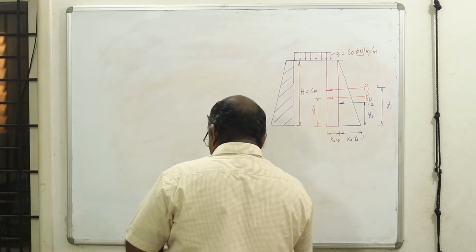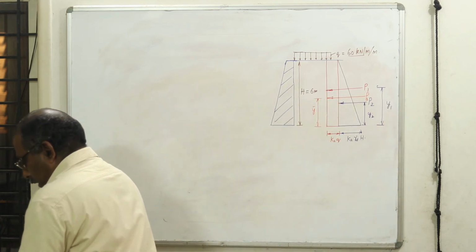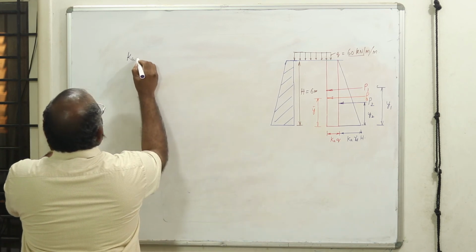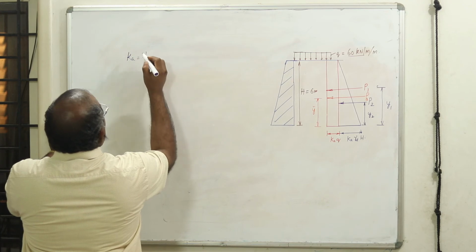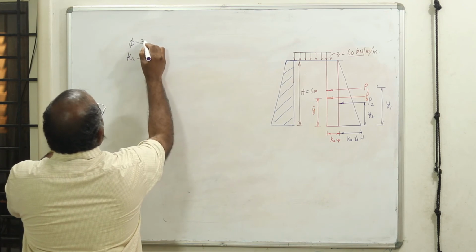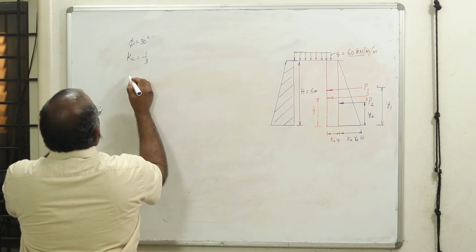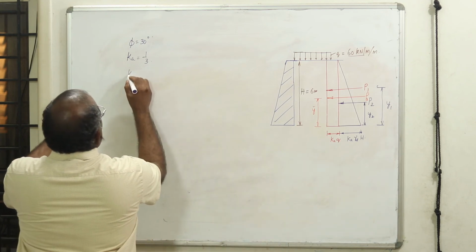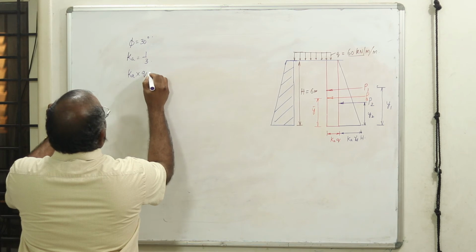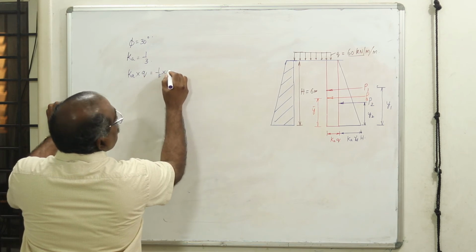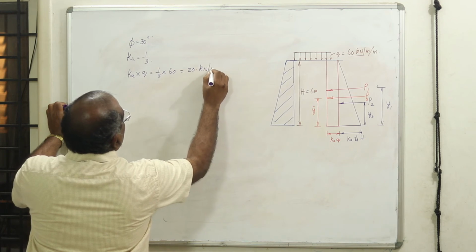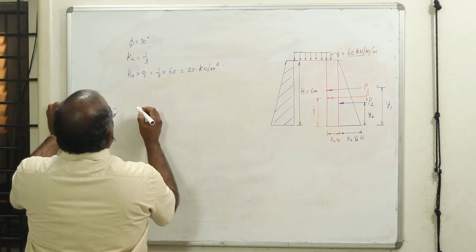Now what is the soil property? The soil is the same. K is equal to 1/3, the same, phi is equal to 30 degrees. Then you have to find out what is KQ. K into Q is equal to 1/3 into 60, which becomes 20 kilonewton per meter square.